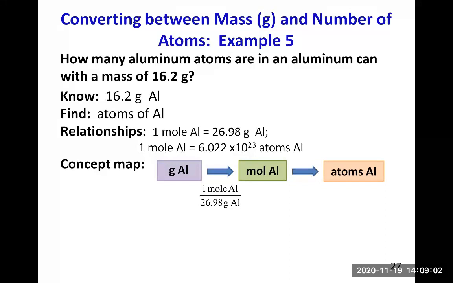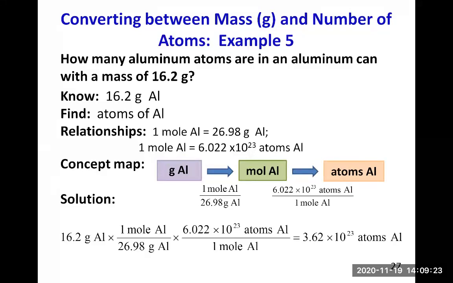And then the second conversion factor needs to cancel the unit of moles. So there will be the need for moles to be on the bottom and then the Avogadro number of atoms on top. So if you write all of these together, starting with the given amount of 16.2 grams of aluminum, multiplied by 1 mole of aluminum over the mass of aluminum per mole, we see that the grams cancel.